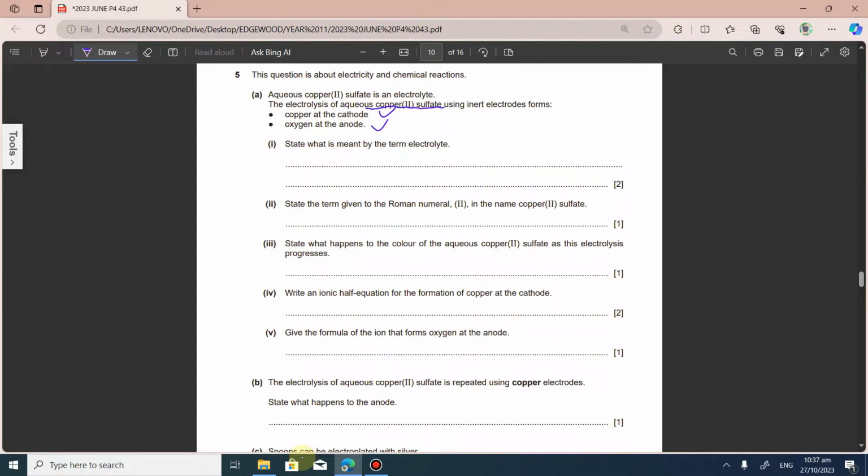What is meant by the term electrolyte? An electrolyte is a substance. Please, I might not write all the information because of the difficulty in writing using this board. But let's just try. An electrolyte is an ionic substance. Please, this is important.